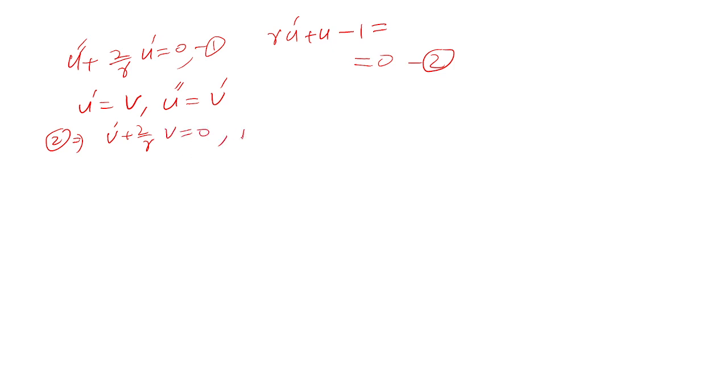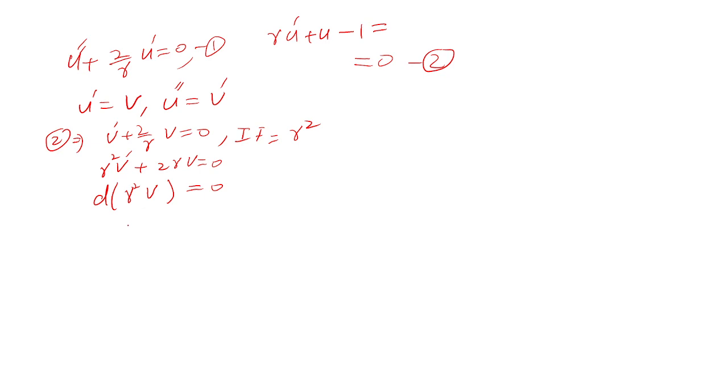The integrating factor here is r square. So multiply this equation with r square, we see that r square v dash plus 2r v equal to 0, and we see this is the differential of r square v equal to 0.